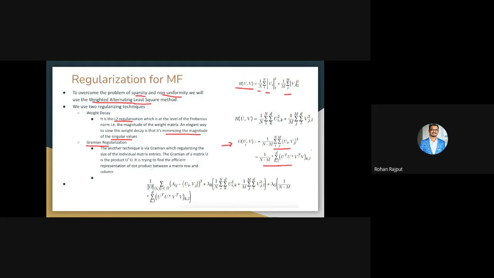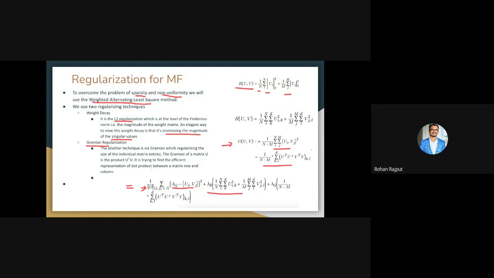Once we have both regularization terms, we can add them to our original optimization function. As you can see, we are normalizing with the magnitude, and we are also adding the weighted alternating least squares method. This is our least squares term, which we discussed previously.